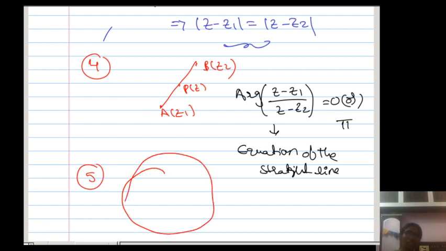I am just drawing a circle; a small circle you can also take. Anyway, what is the meaning of a circle? What relation do you know for a circle?